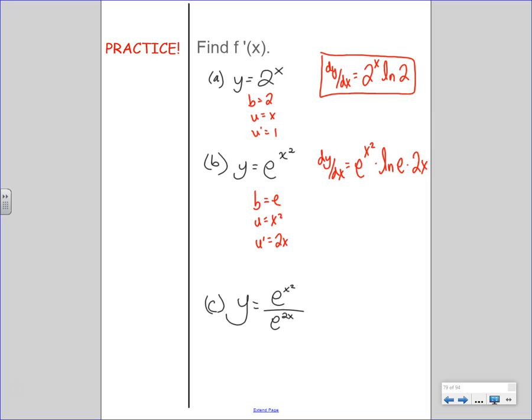Does b to the u work for e to the u? Yeah, because ln of e is just 1, which is why we have a special rule for e to the u, which is just e to the u times u prime. But maybe it's easier to write the 2x before e to the u.